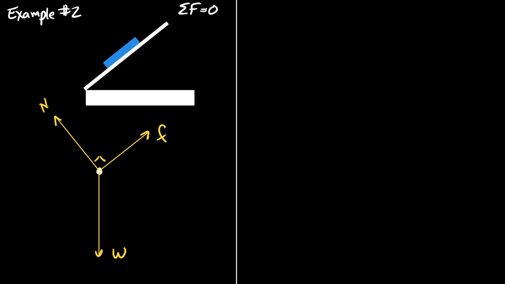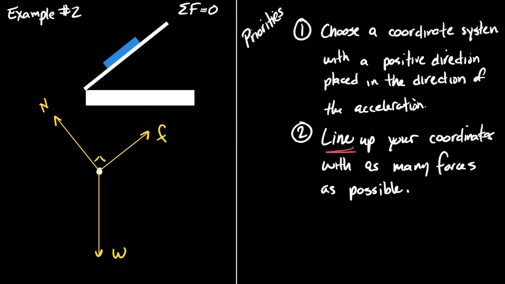So next, we have to draw a coordinate system. When I draw this coordinate system, I choose these priorities. Priority number 1, is my system or my object accelerating? It's not. So I can choose priority 2, which means I can choose the direction I want to set my X and Y. I could choose to do it this way.